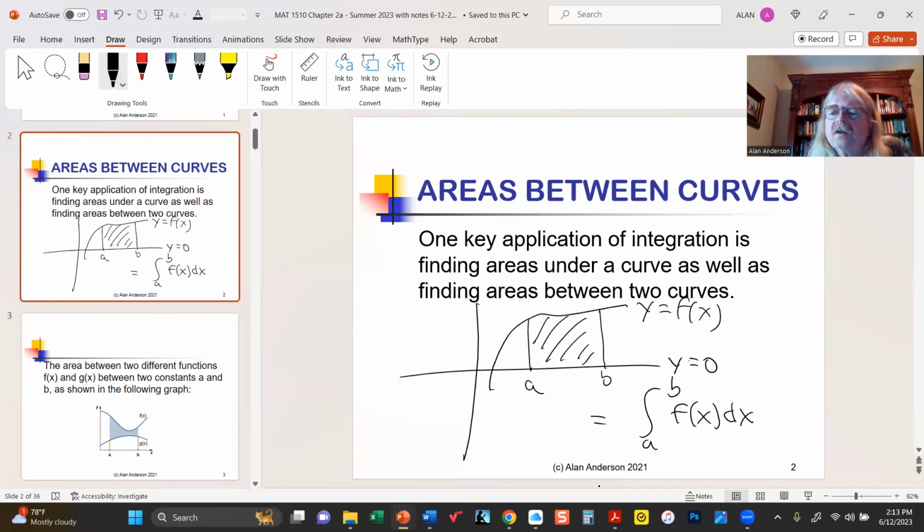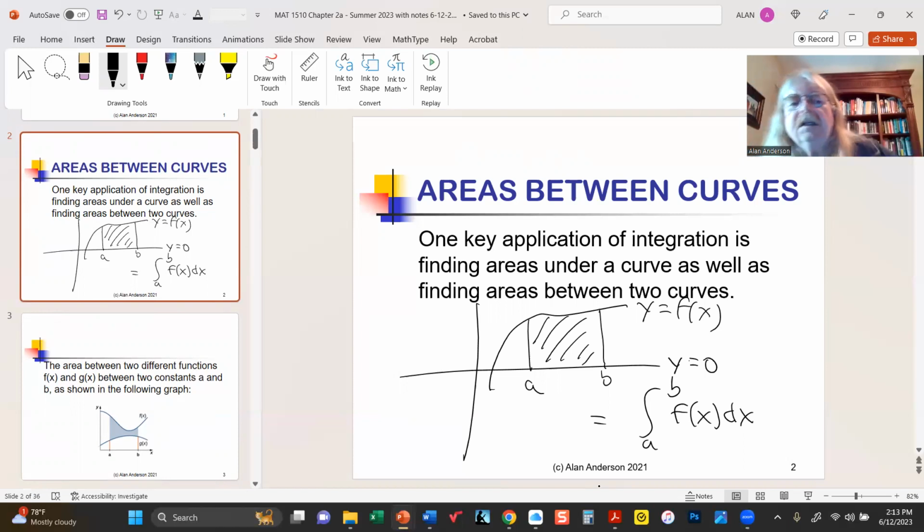So if you wanted to call this g of x, you could, but its value would be 0 all across this horizontal axis. So technically you are subtracting that, but we don't usually bother with it because it's understood that it's 0. So instead we just integrate the top function from a to b.